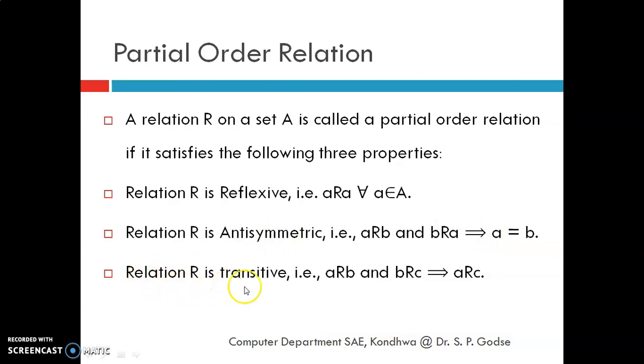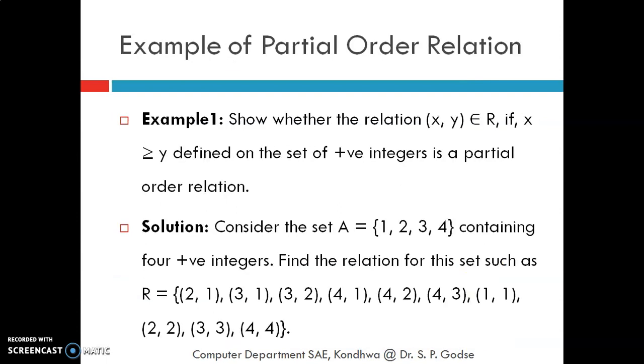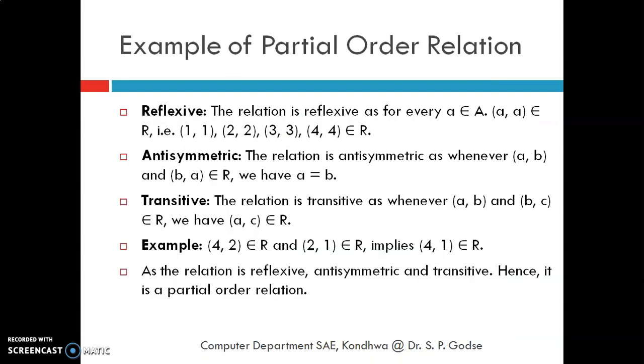And relation R is called transitive if for all A related with B and B related with C, A related with C exists, then it is called a transitive relation. So in this given relation, we will check one by one these three properties.